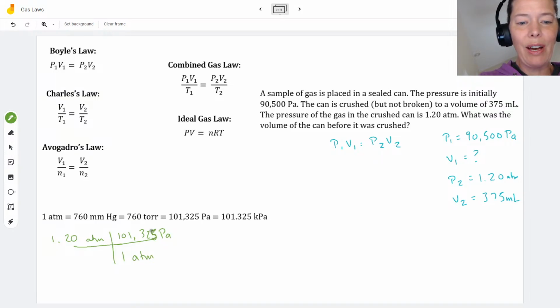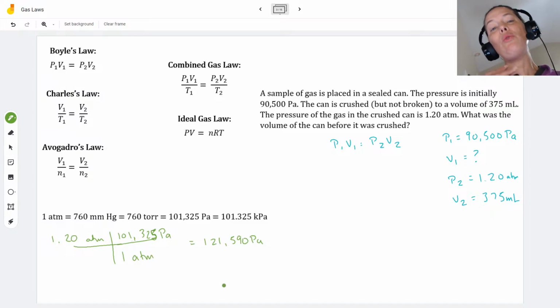That's kind of a wonky 5. So that will give me 121,590 Pascal. So now when I use that pressure, my pressure units will match when I plug it into Boyle's law.